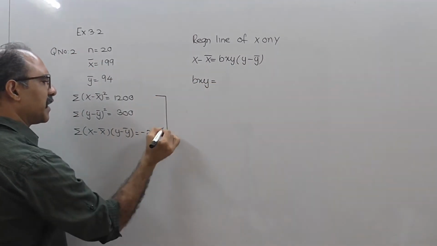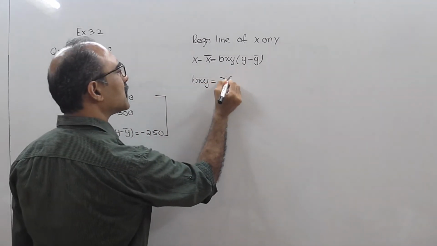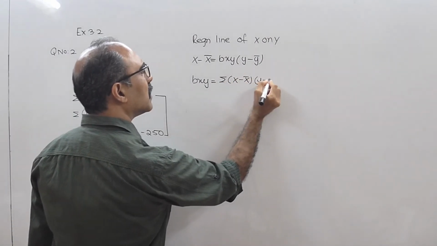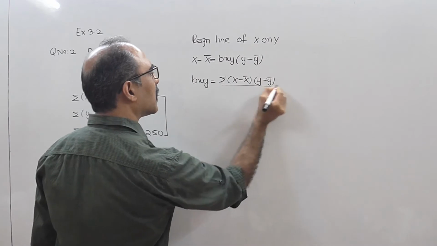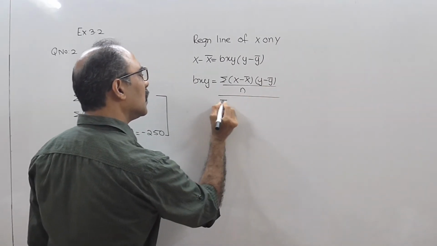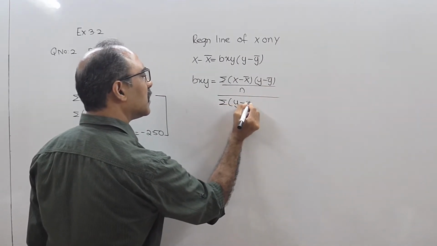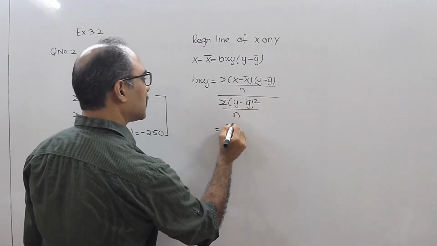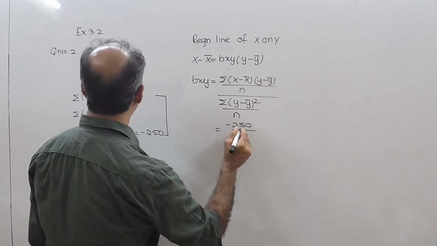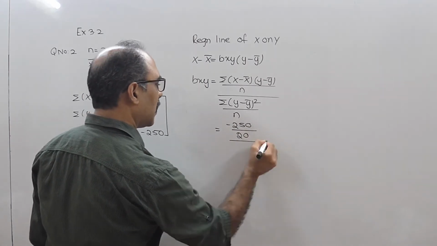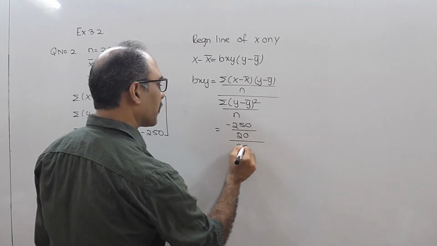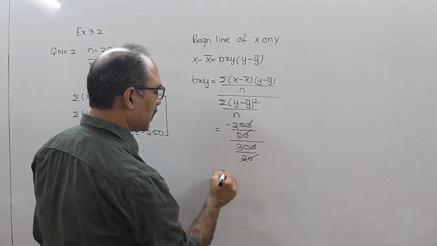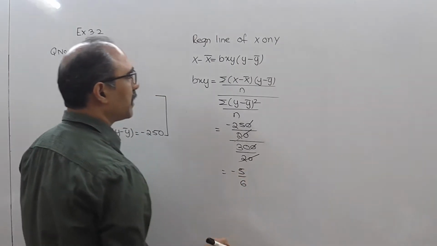Looking at the data given here, the best formula to use is sigma (x minus x bar)(y minus y bar) upon n, the whole upon sigma (y minus y bar) the whole square upon n. This is minus 250 upon 20 divided by 300 upon 20, the zeros cancel, and you get minus 5 by 6.